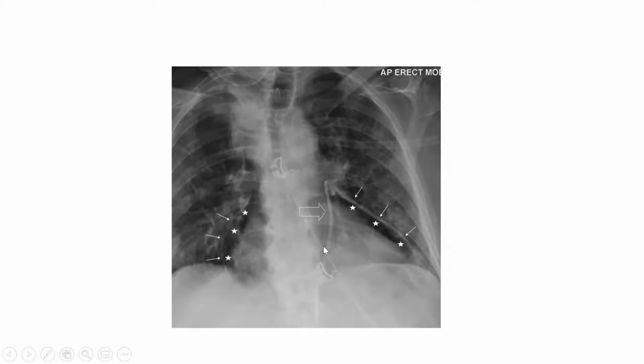This is a pericardial catheter for a patient who underwent pericardiocentesis, and the catheter is still in situ. So we are seeing it here, and it ends here, by the way. It probably ends here. That is not the catheter.